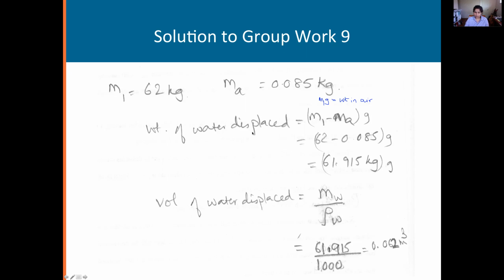This must be my buoyant force. I know its expression, so I'm going to use that weight of the fluid displaced, which must equal volume times density. We use these expressions in buoyancy when we're calculating that. So substitute in your values. This is the density of water, and that's going to give you 0.062 meters cubed. That's the volume of her lungs.